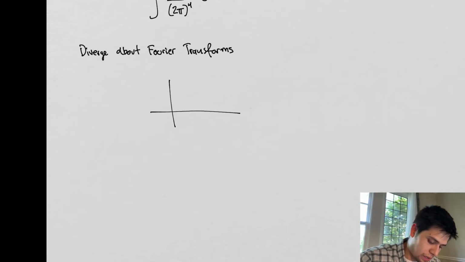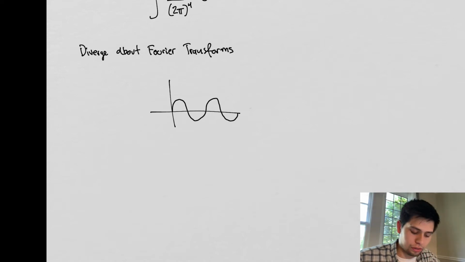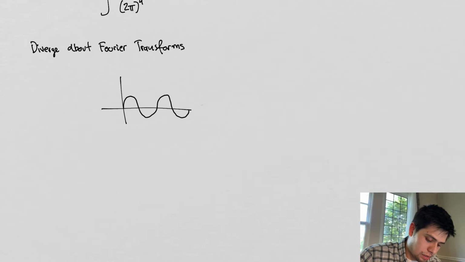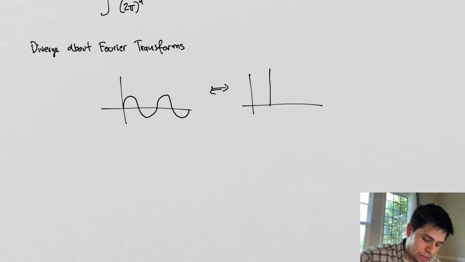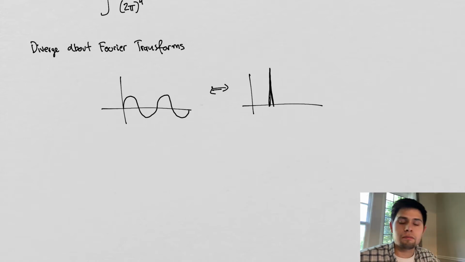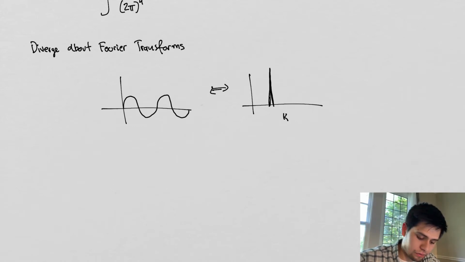So suppose we had something that looked like this. This looks like a regular sine function with a single frequency to it. Well, that frequency can be mapped again by a Fourier transform into a single peak, the location of that peak being at the frequency, on the frequency axis.